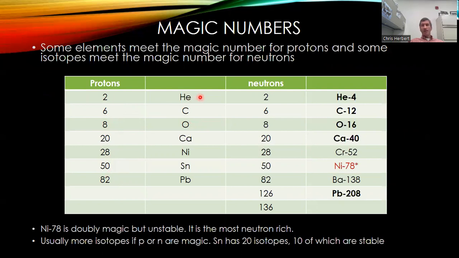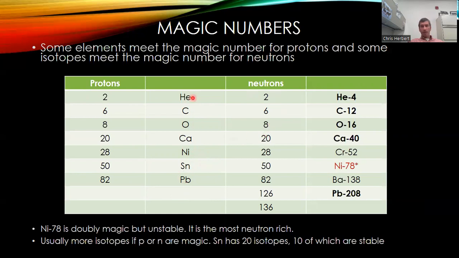No surprise, helium, which produced that big spike, is there. Carbon, oxygen, calcium, nickel, tin, lead. Lead, in fact, is the last element that is still stable. It has the highest atomic number and is still not a radioisotope.